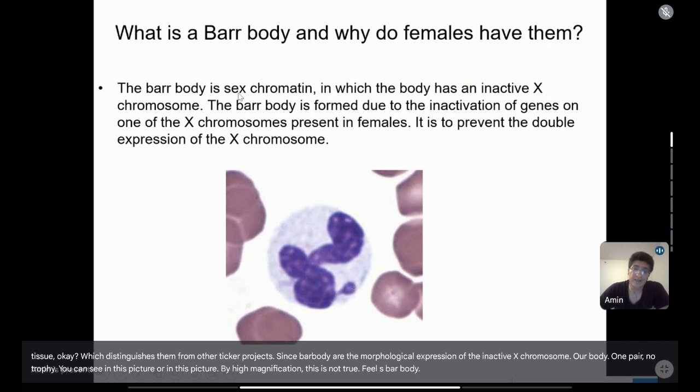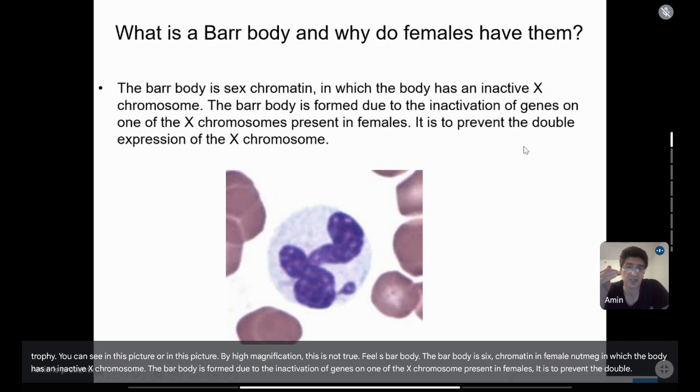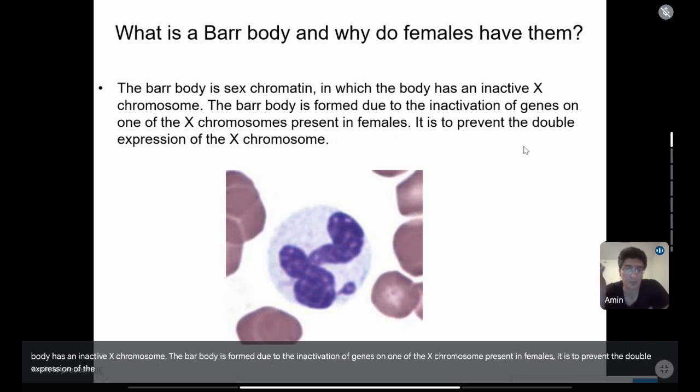The bar body is sex chromatin in female, not male, in which the body has an inactive X chromosome. The bar body is formed due to the inactivation of genes on one of the X chromosomes present in females. It is to prevent the double expression of the X chromosome.